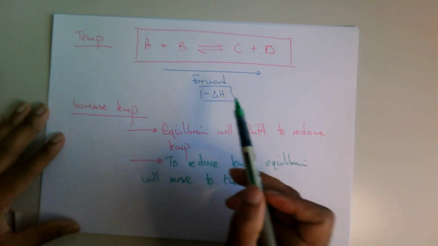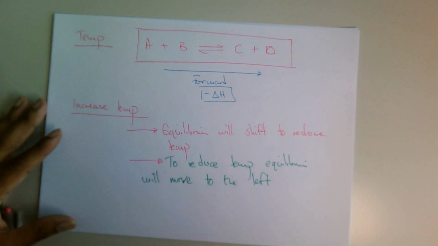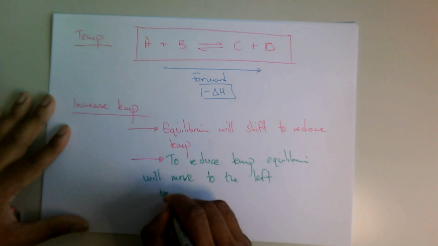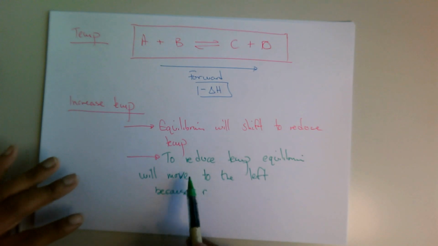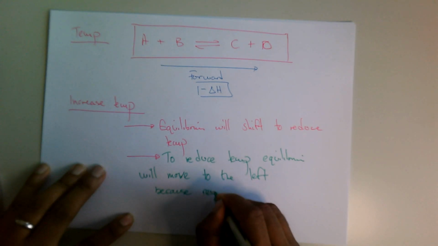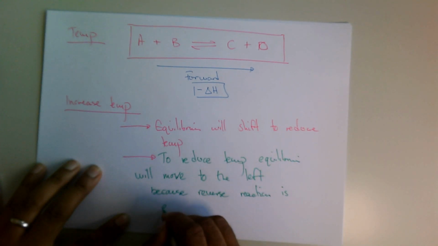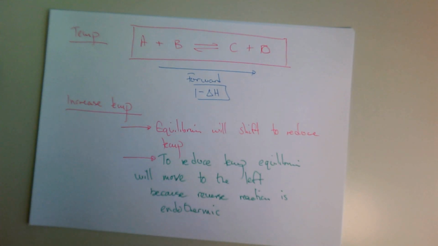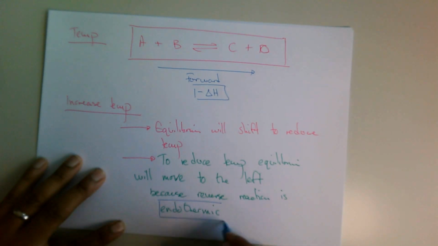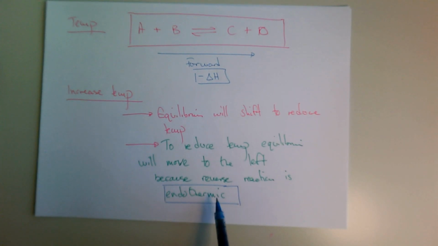So it will move towards the reverse reaction, towards the reactants, and this is the explanation: because the reverse reaction is endothermic. That is favored when you have increased the temperature, because the reverse reaction will reduce the temperature since it is endothermic.